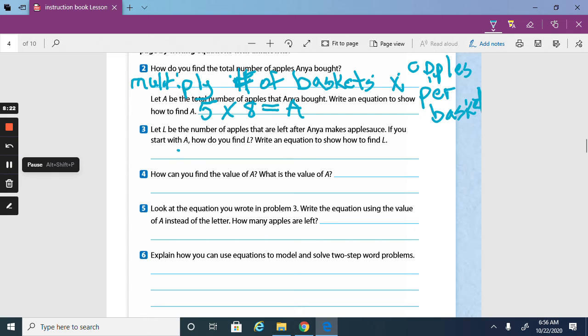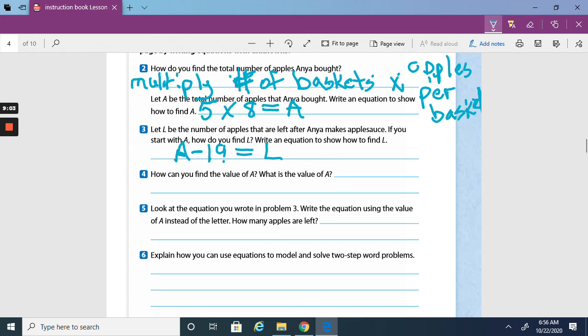If we start with A, which is our total number of apples that we got from multiplying 5 times 8, and we get rid of or subtract the 19 apples that were used to make applesauce, that will leave us with L. And remember, L is the number of apples that we have left after we've made applesauce.